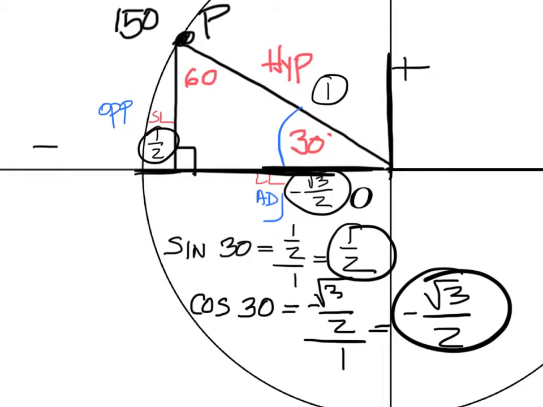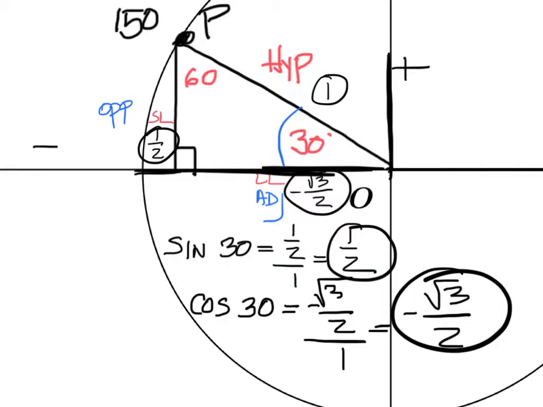If you type in cosine 30 in your calculator, notice that it comes out to be 0.86. That's positive because 30 is in the first quadrant. If you type in cosine 150, look what it comes out to be, negative 0.86.